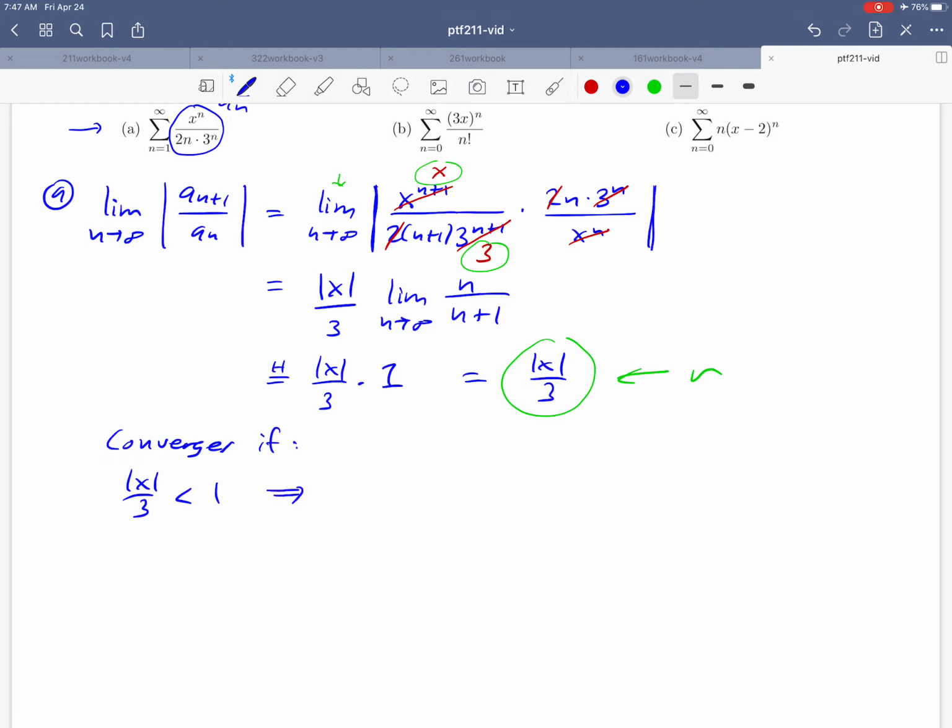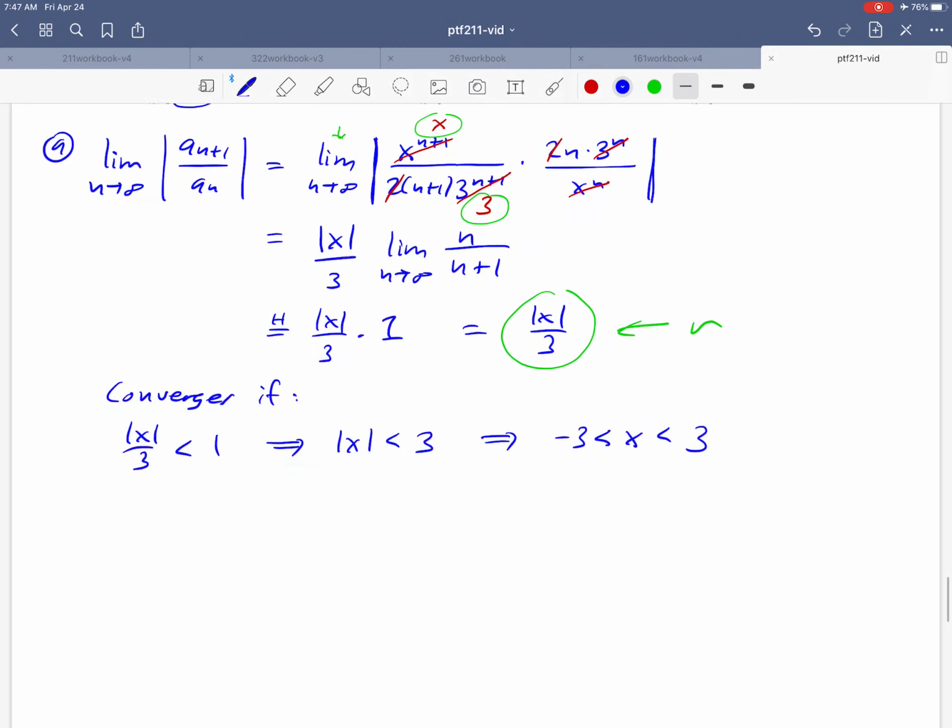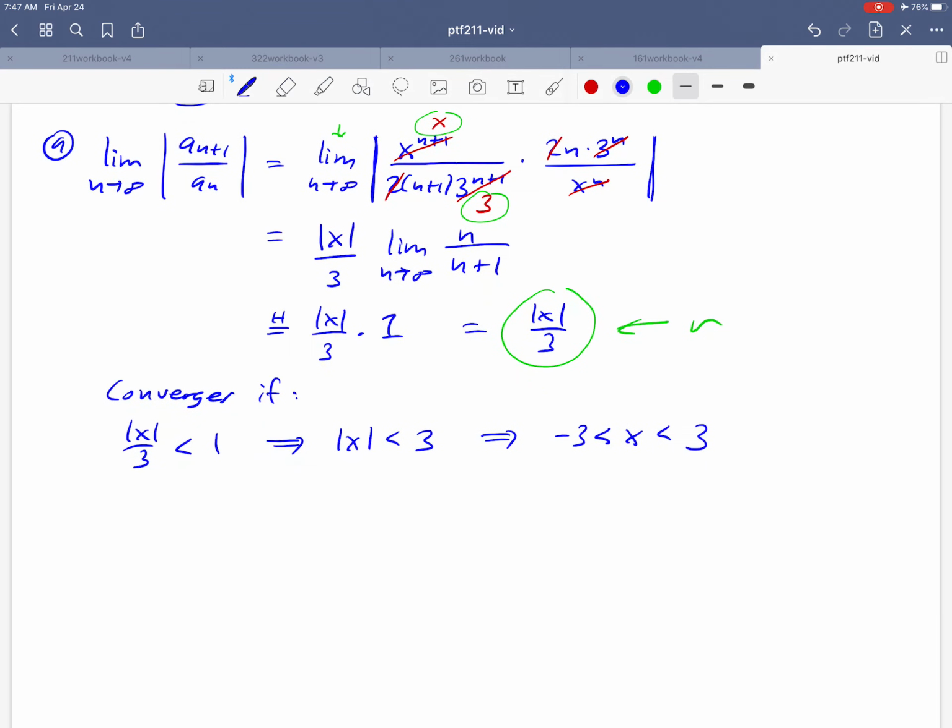If we do some algebra here, multiply both sides of that inequality by 3, the absolute value of x is less than 3, we can rewrite that as a three-sided inequality like this. And that gives us an interval of x values for which we know that this series converges. I'm also going to draw a little picture, a number line.